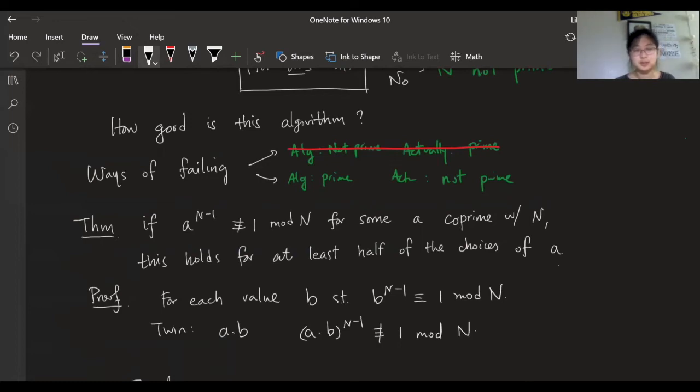So essentially, a value b such that b to the n minus 1 is 1 mod n is something that would cause the algorithm to give you a false answer.